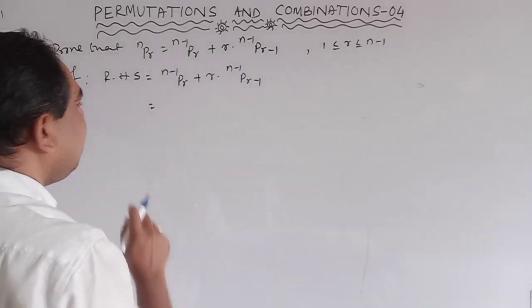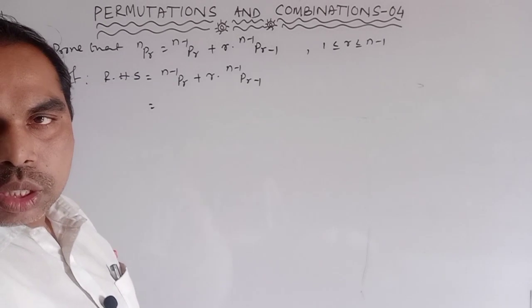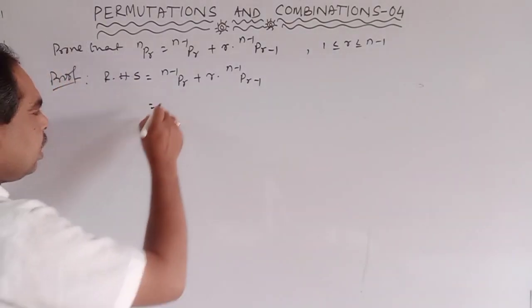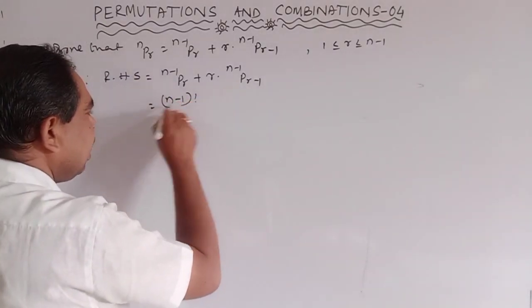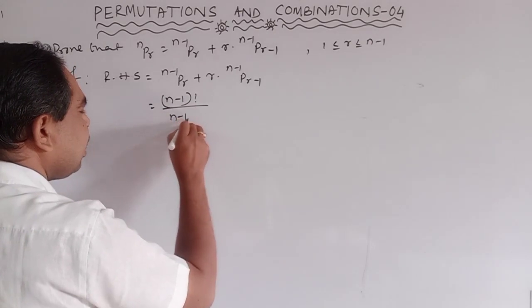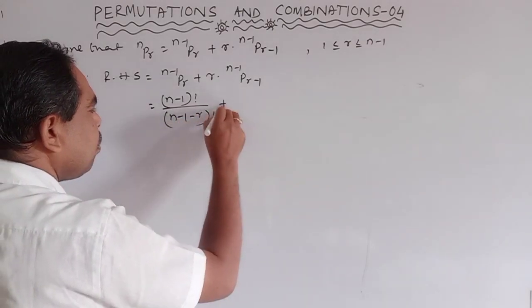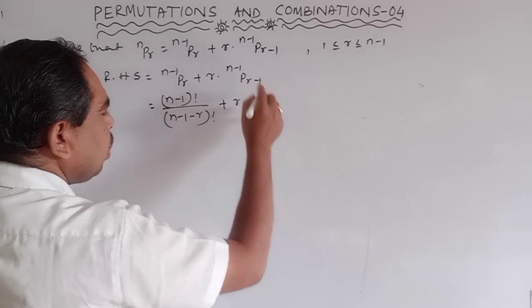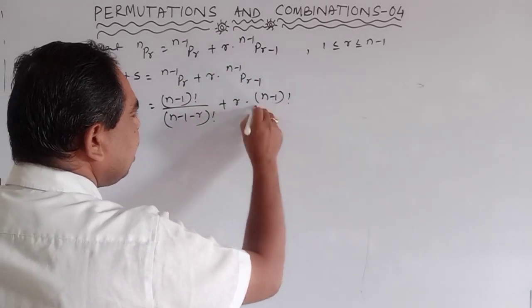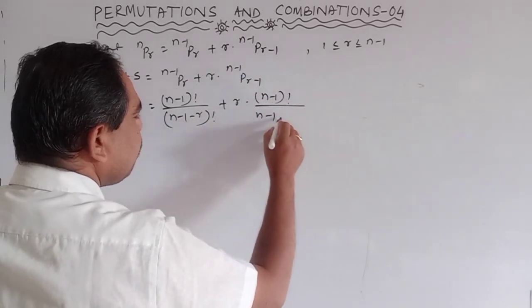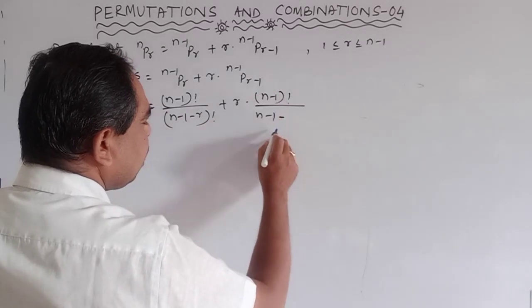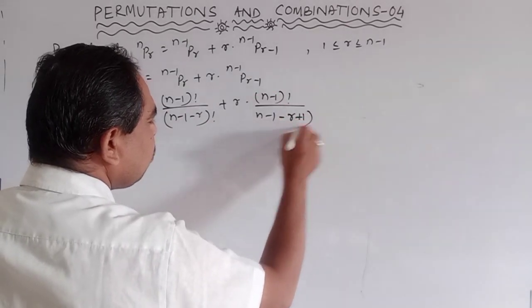To expand (n-1)Pr, use the nPr formula. This is (n-1) factorial divided by (n-1-r) factorial, plus r into (n-1) factorial divided by (n-1-(r-1)) factorial. It becomes (n-r) factorial.